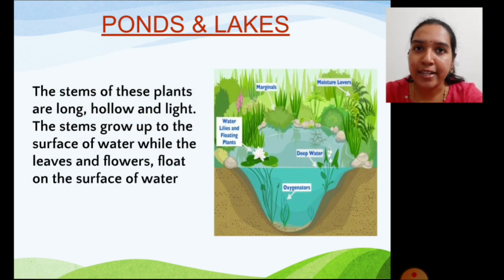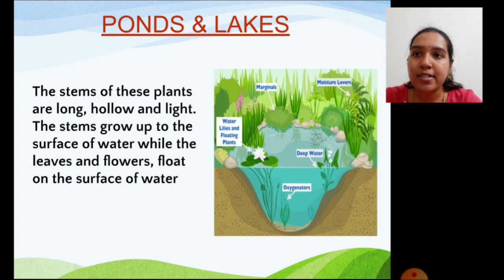Coming to the body structure of aquatic plants, they have long stems, which are usually light and hollow. These long stems help the plant to grow up on the surface of the water, and the leaves and flowers of the plant float on the surface.